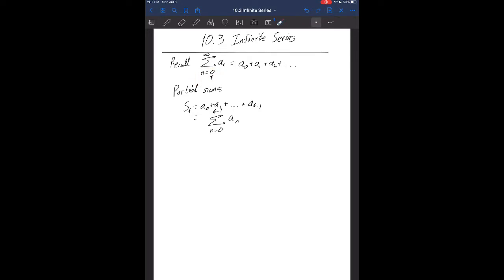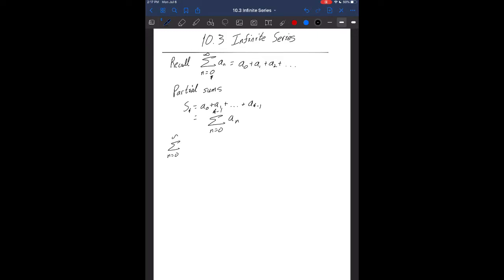All right, so the bottom number in these sums is always going to be the lowest value we possibly accept. So in this case, it's 0. We could do 1, 2, 3, 4, anything like that is possible. And then the top number is going to be the largest value. So for infinite series, we are adding up all of the terms, and for our partial sums, we're just adding up the first k terms.